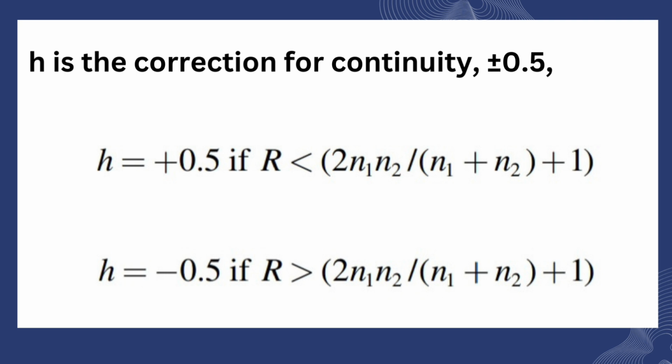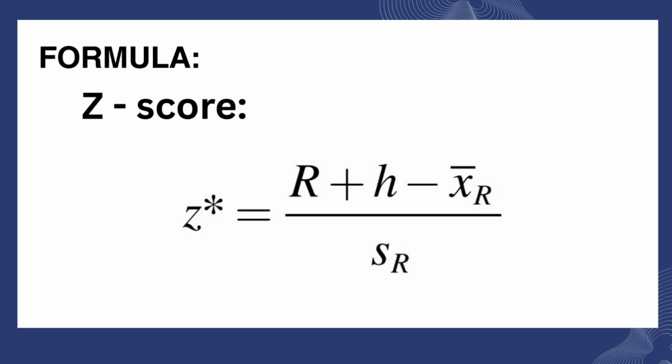We subtract 0.5 from H if the observed number of runs, which is R, is greater than the expected value. So, muni gamiton pag magkuha og H. Ang formula sa z-score: R plus answer sa H minus sa result sa mean over result sa standard deviation.